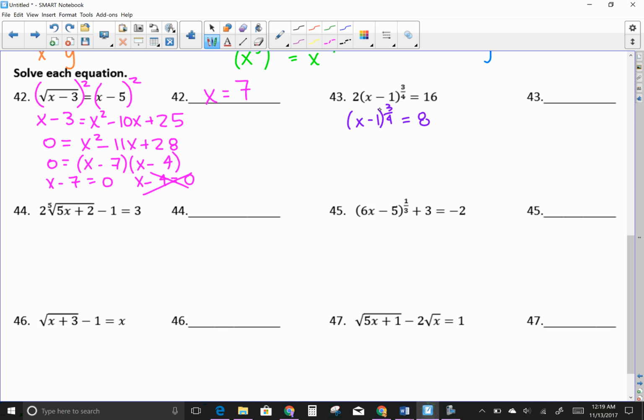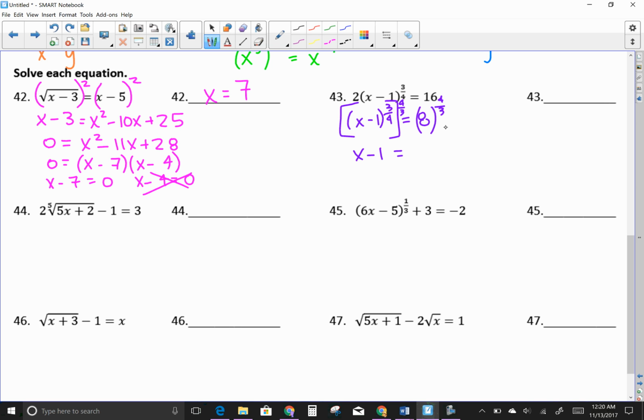Now, when you have a rational exponent like this, we are raising both sides to the reciprocal of that, which is 4/3. So I'm raising this to the 4/3. That becomes 1 because when you multiply reciprocals by each other, they become 1. So x minus 1 equals 8 to the 4/3.